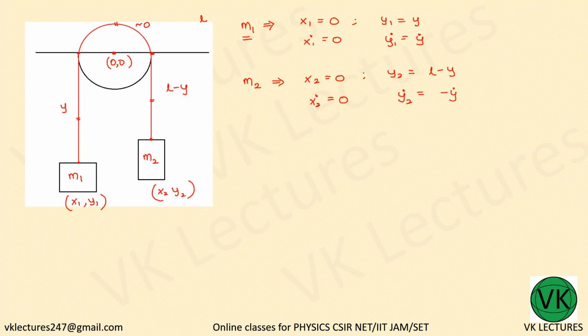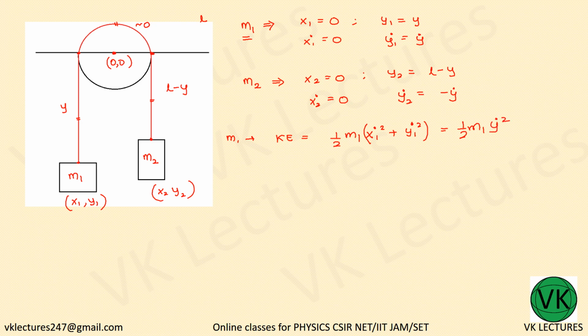Now for m1, the kinetic energy is equal to half m1 times x1 dot square plus y1 dot squared, so that's equal to half m1, x1 dot square is 0, y1 dot square is y dot square.